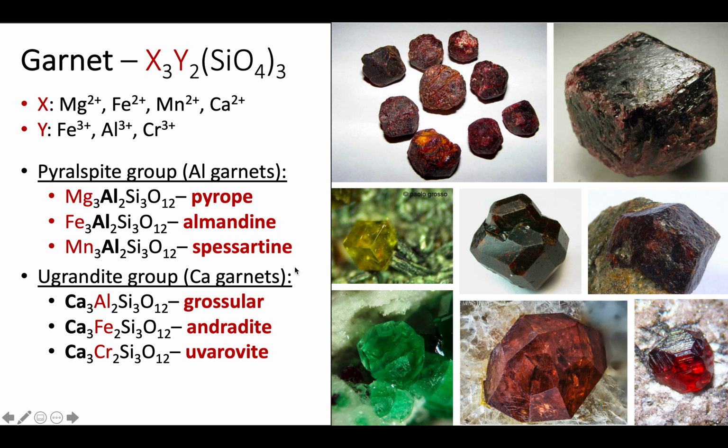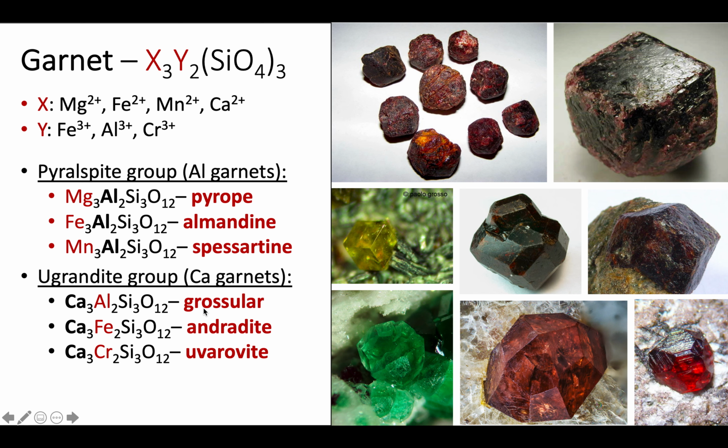So that's where those group names come from. For the aluminum garnets, we've got 3 of them. We're varying that X, the 2+ cation. Pyrope is our magnesium aluminum garnet, almandine is our iron aluminum garnet, and spessartine is our manganese aluminum garnet. And of course, as you might imagine, there's solid solution between all three of these.